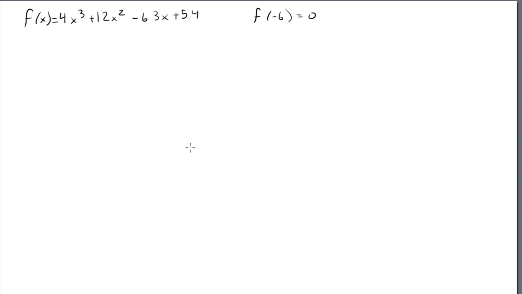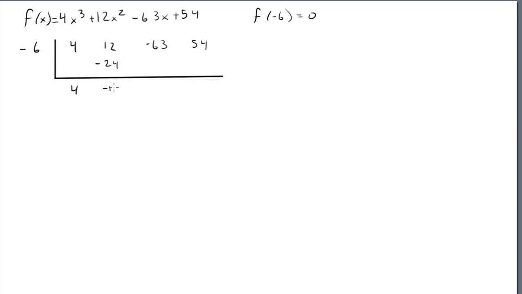We're going to use a little bit of division to find where our next two roots are. So -6, and we've got 4, 12, -63, and 54. Let's block this off. We bring down the 4, and multiply by -6 to get -24.